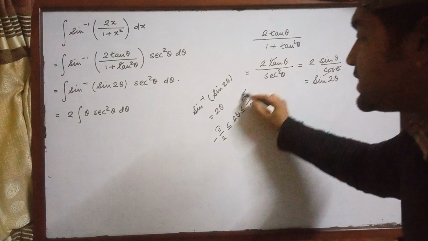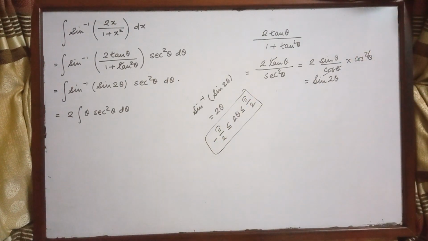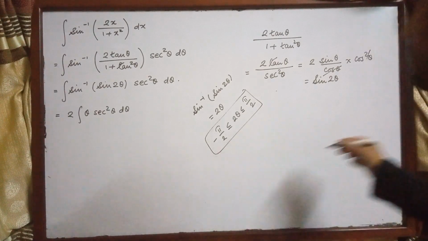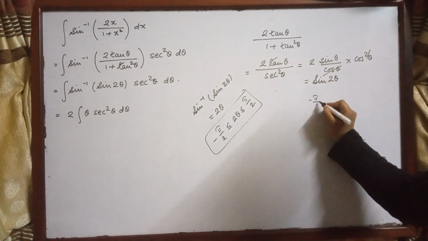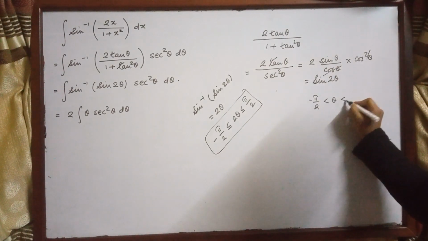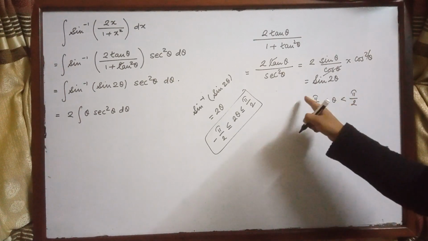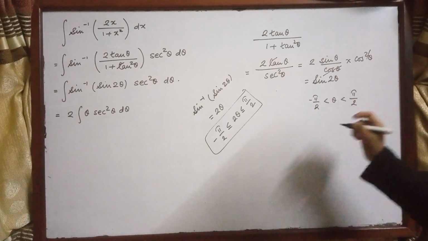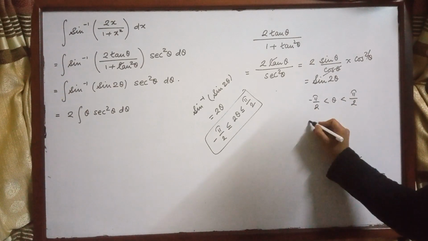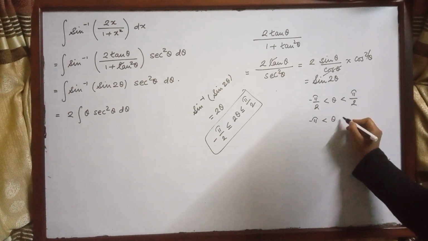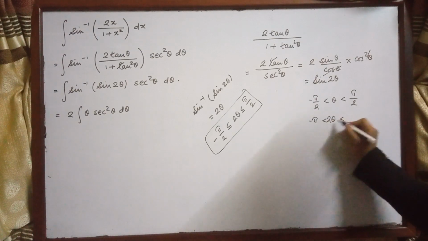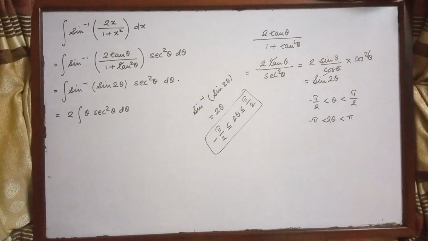But do we have this condition? Let's see. We had minus pi over 2 to pi over 2. Theta lies between them. So obviously, twice theta lies between minus pi and pi.